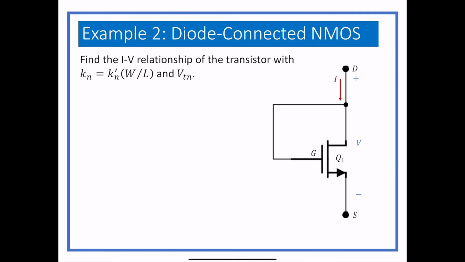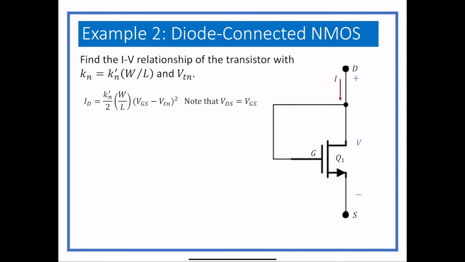We want to take this circuit and come up with a relationship between the parameters, voltage, and current. There are no resistors in this circuit. We have some drain voltage and some source voltage, but we're not worried about that so much. We just want to find the relationship between the two.